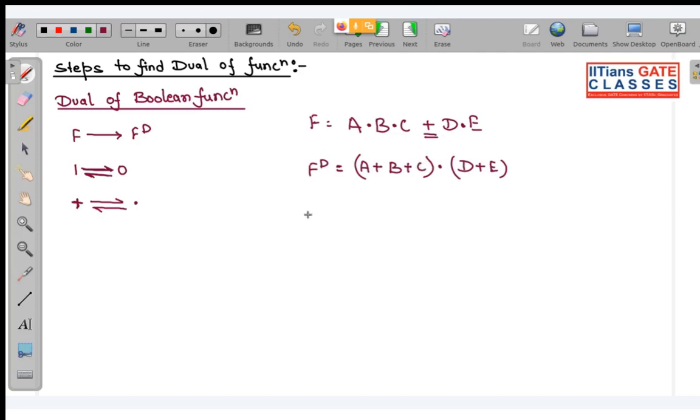Now let me ask you one more. Tell me what will be the dual of the function. Write it in your notebook. Making proper notes is an art, so you should do that properly.